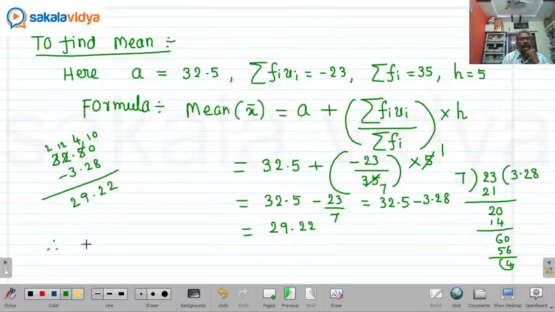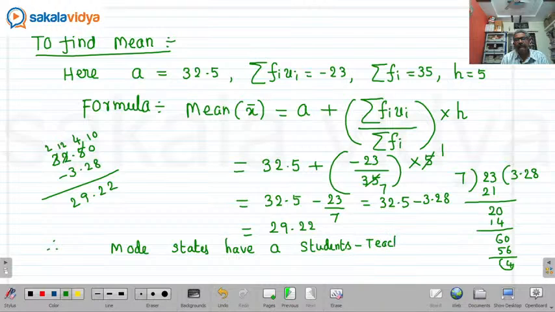So hence we can say that the mode states have a student-teacher ratio of 30.625.